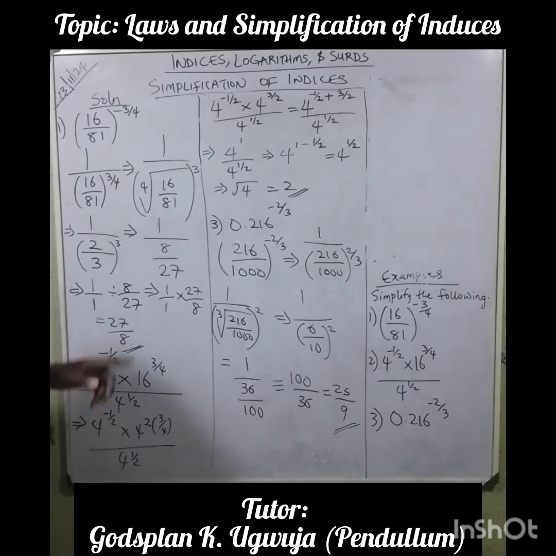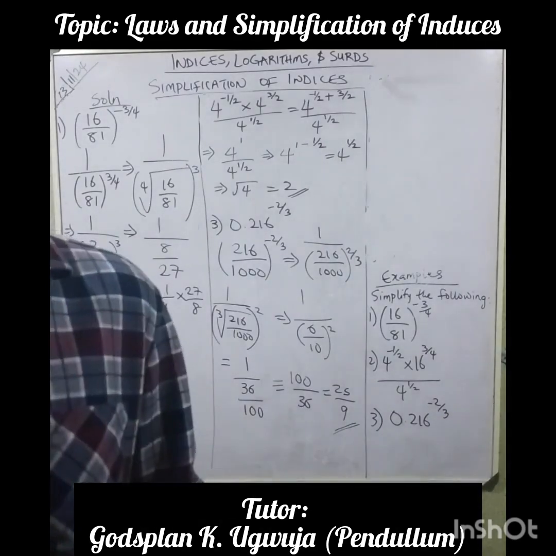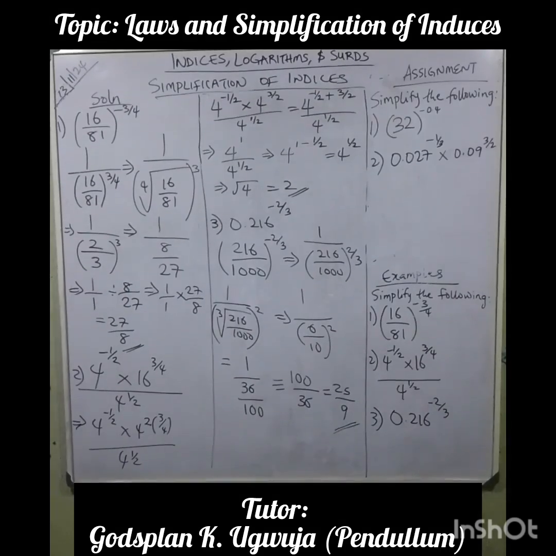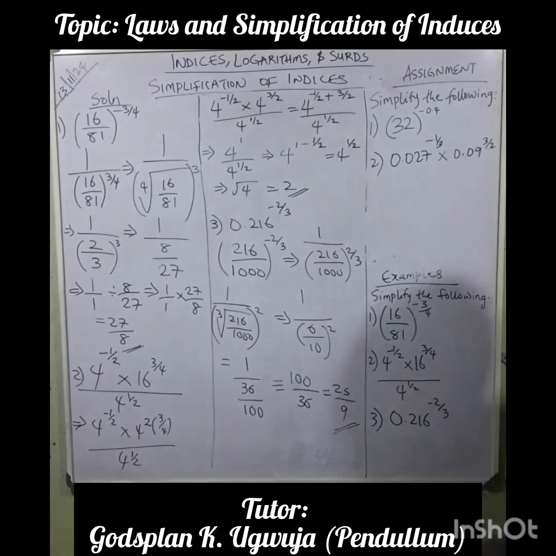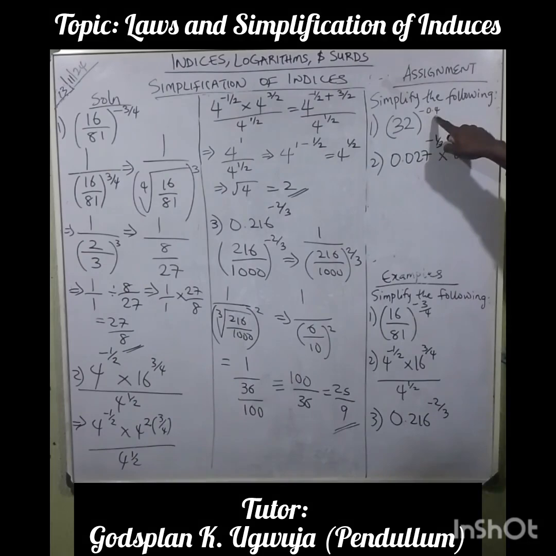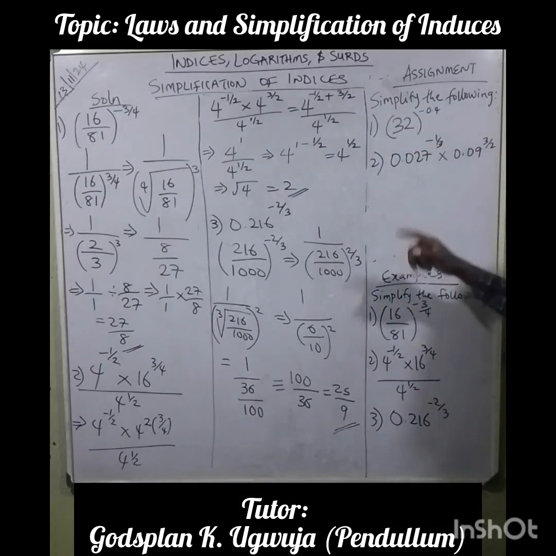Alright, so I'll give you 2 assignments and then we'll call it a day. You have these 2 questions to try as an assignment. They are not difficult. 32 raised to the power minus 0.4. Just follow the rules. Remember that you need to convert this to a fraction: 0.4 is 4 over 10. Convert to fraction and remember this minus.